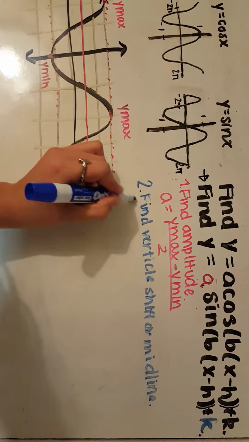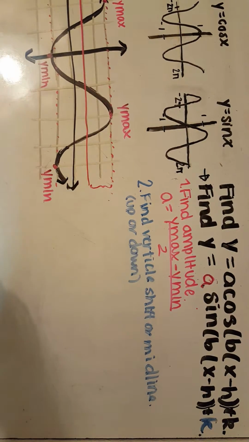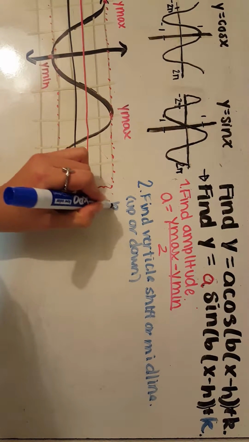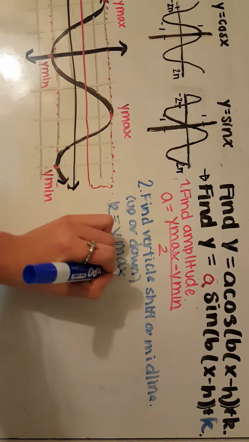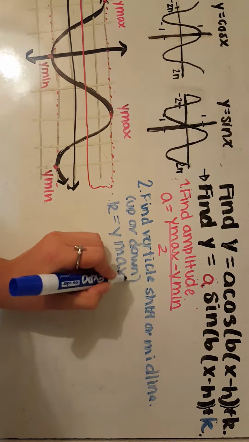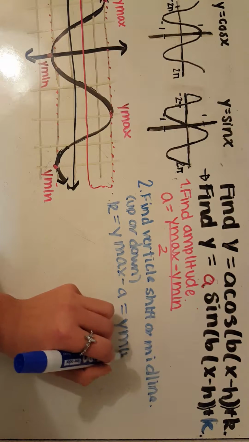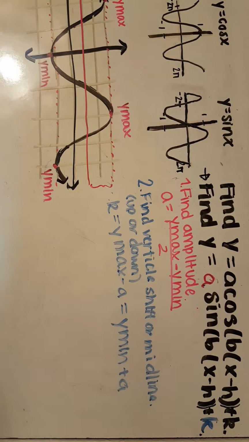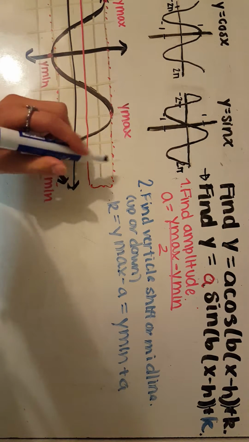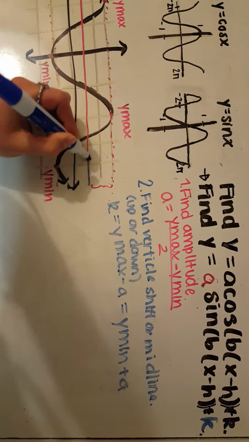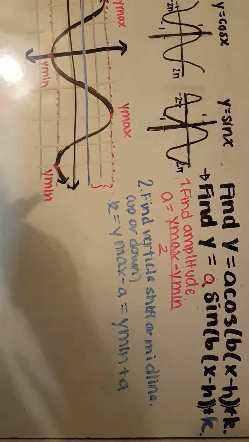So this is how much up or down we move. And so here, k is going to be equal to a y max minus a, which is also going to be a y min plus a. And so here we really did the work. This midline is this line right here that we found to find our amplitude.